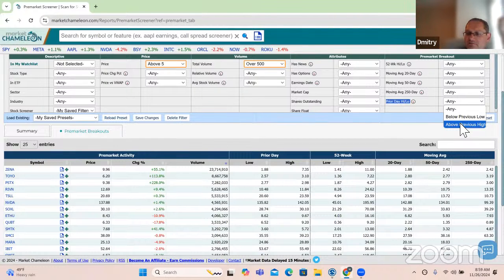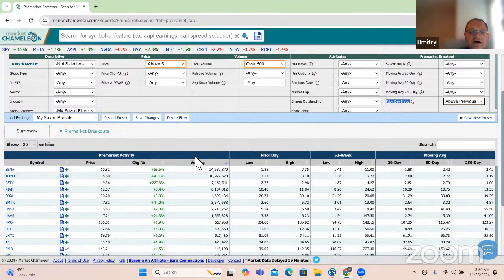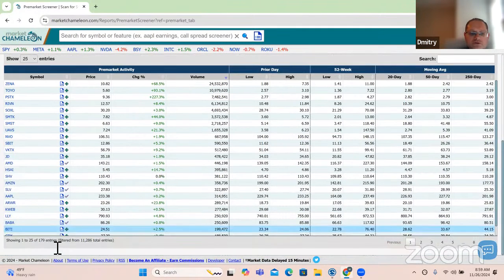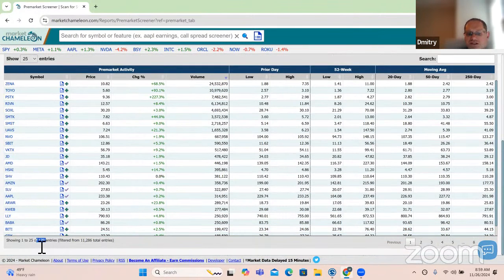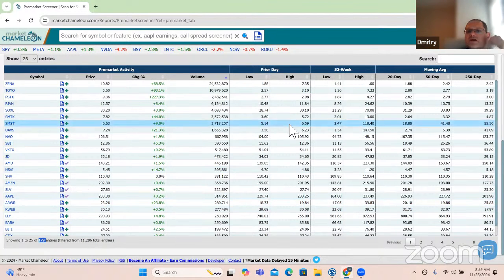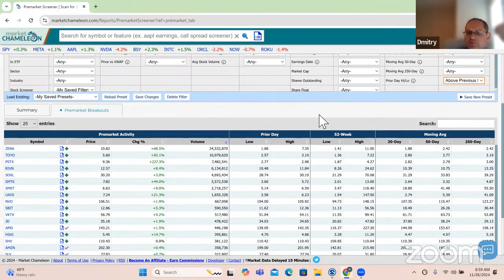So click on that. And now, let me show you. There are 179 stocks that are doing that out of 11,200 in the pre-market. So 179 stocks that right now in the pre-market are trading higher than yesterday's range.